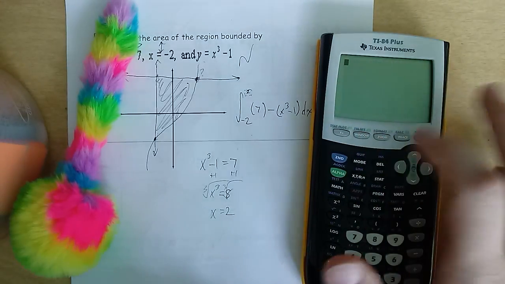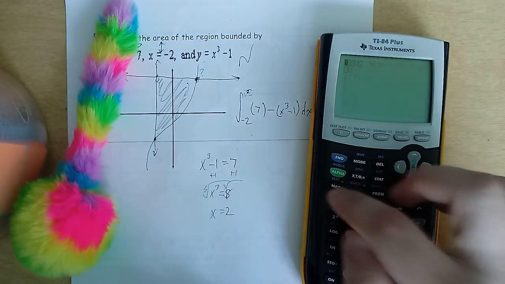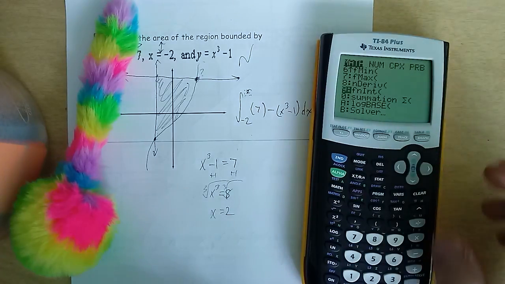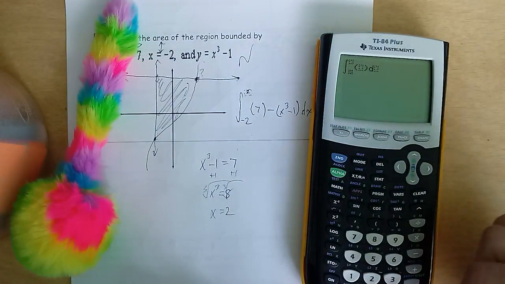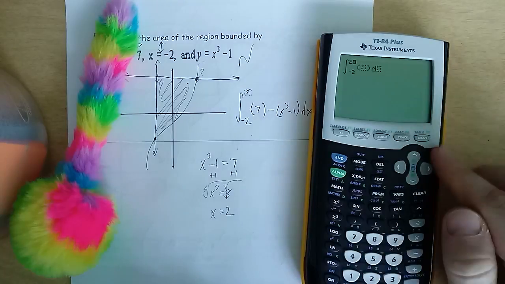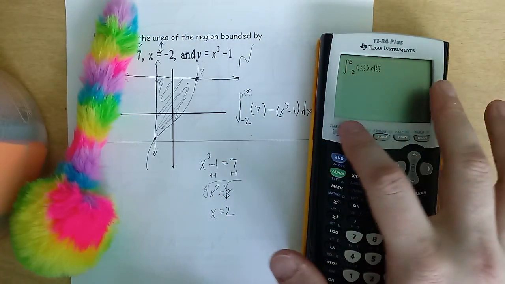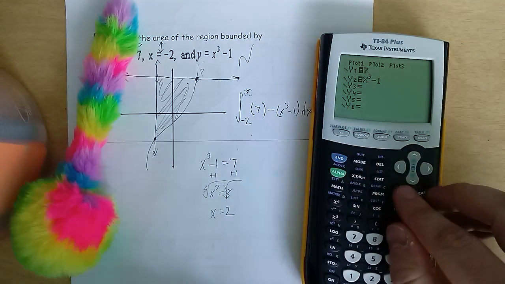All right, I want to show you one other trick that you can do when we're typing these in. I did not show this in class, but if I'm going from -2 to 2, I'm doing 7 minus that. 7's y1, right?